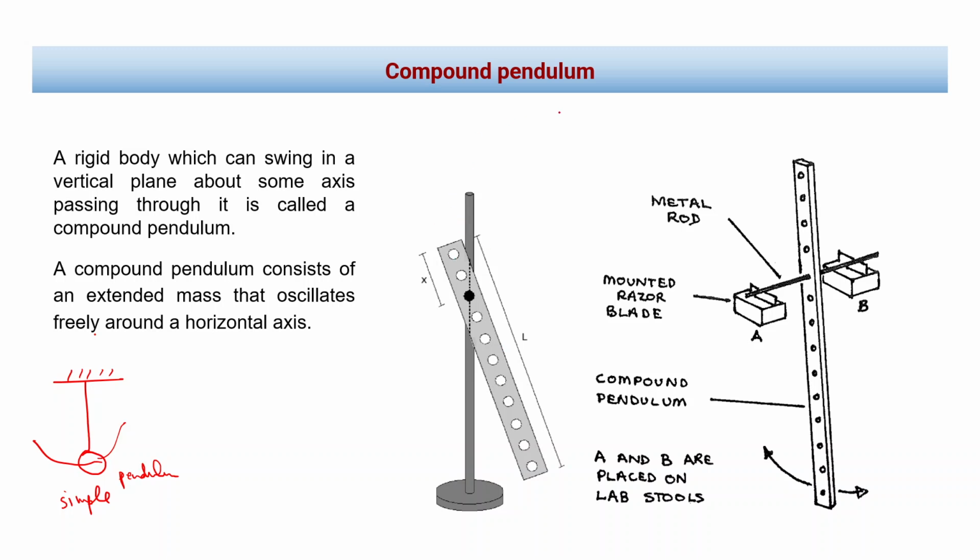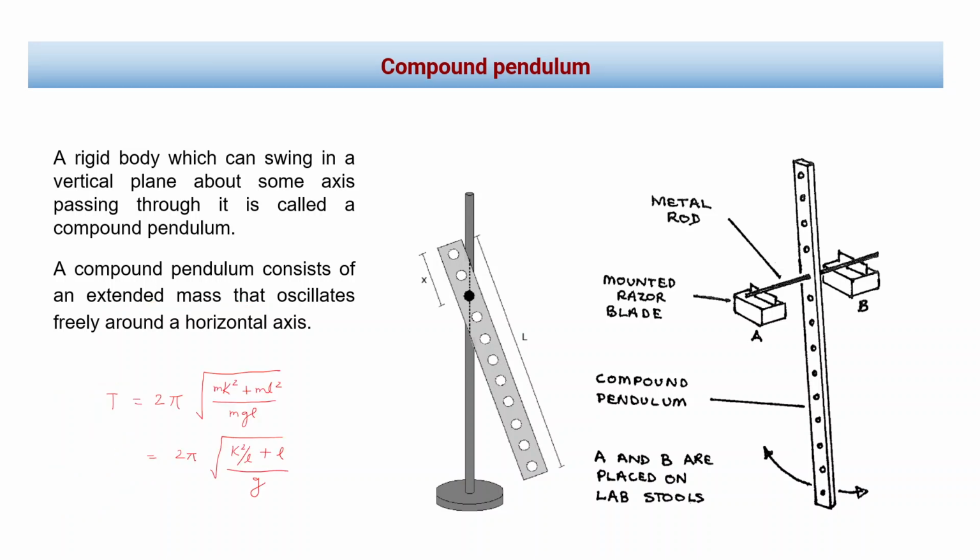For this, the time period formula and other things change. It's an extended mass that oscillates freely around a horizontal axis. And here we also have to consider the moment of inertia of this body, and thus the time period formula, which for a simple pendulum was 2 pi under root m by k. Here it is given by this. This is the formula for the compound pendulum time period.